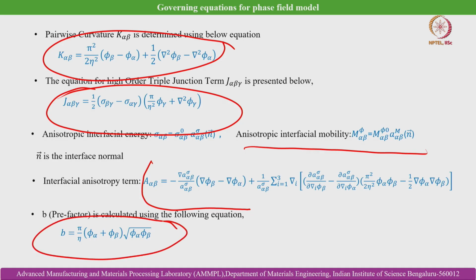So, b is equal to π/η into (φ_α + φ_β) into root over φ_α φ_β. Okay.